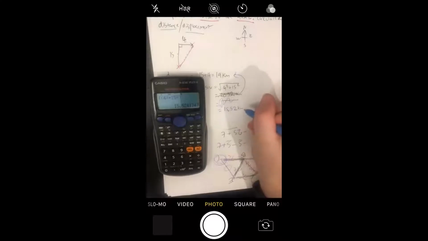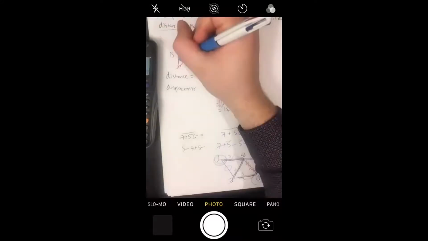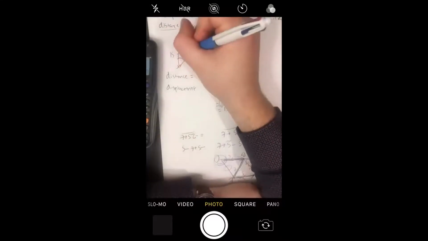But that's not just the displacement. Remember, with the displacement, you need to have a direction. So I need to find out, what is this angle here?